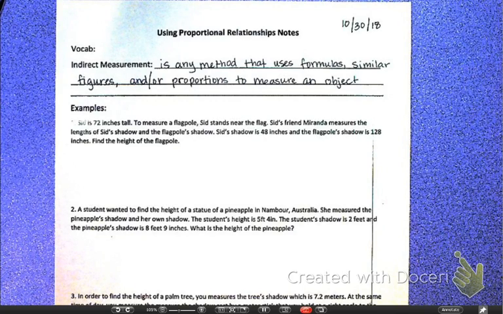Any method that uses formulas, similar figures, and or proportions to measure an object.